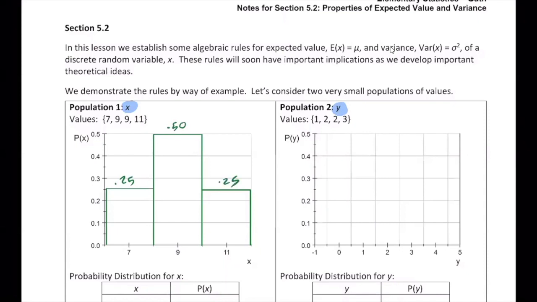Okay, same thing with population 2. The values are a little more spaced out. So to get, sorry, no, these are closer together. To get a 1, again, there's one way to do that out of 4. So 1/4 is 25%.